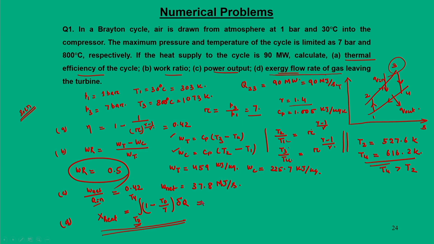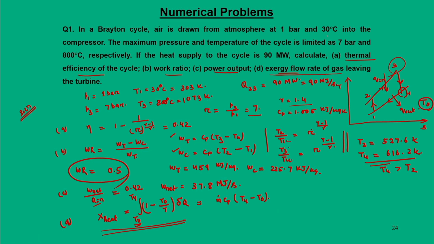Now, if you integrate this, we get a simple expression, where Q can be written as m times Cp delta T. So, after integration it will be m dot Cp times (T4 minus T0). T4 is the turbine exit temperature and T0 is your ambient temperature.